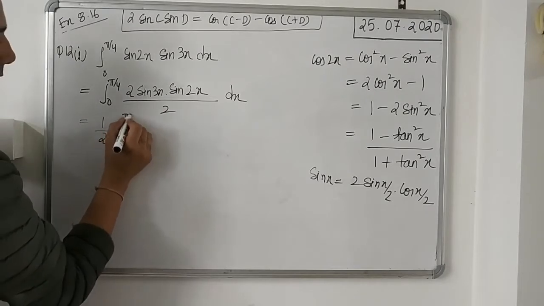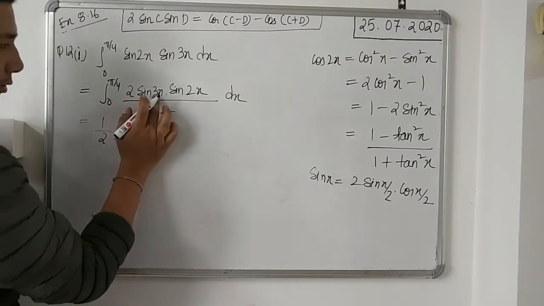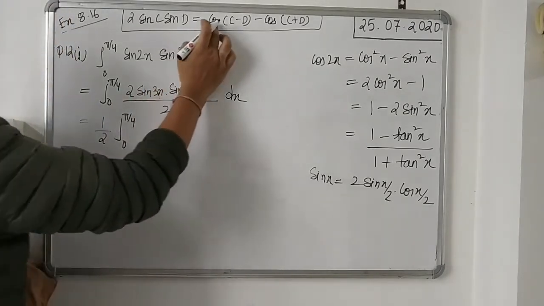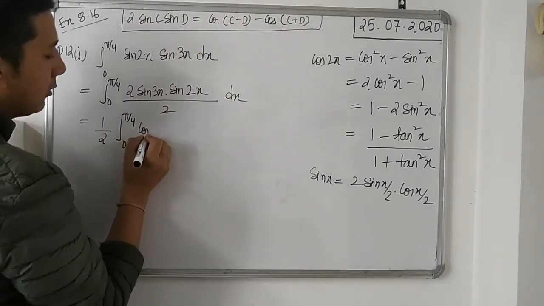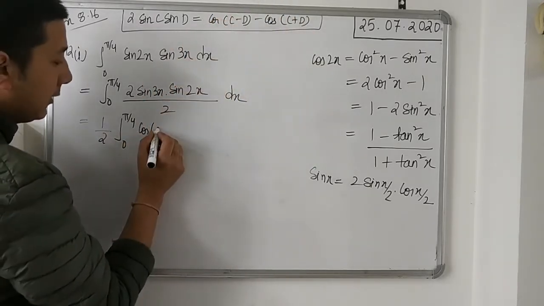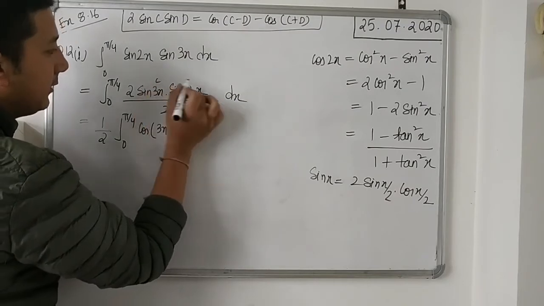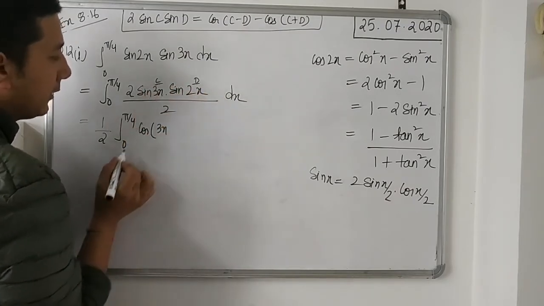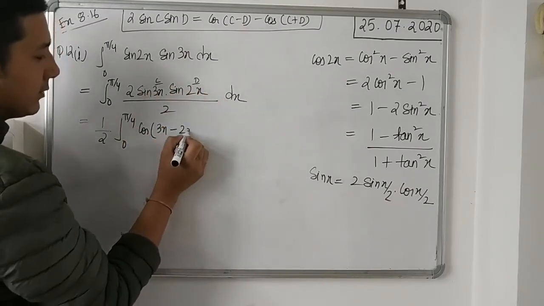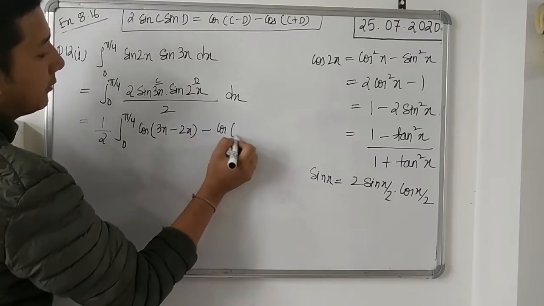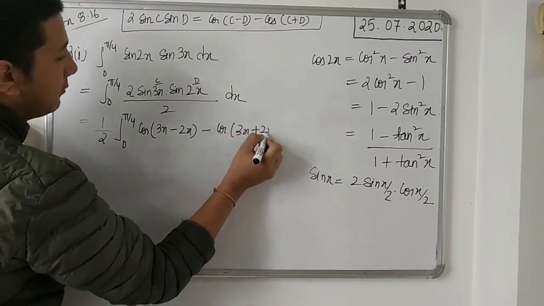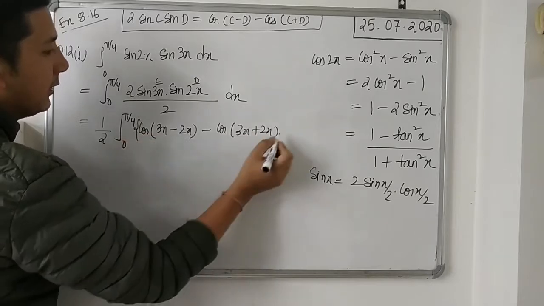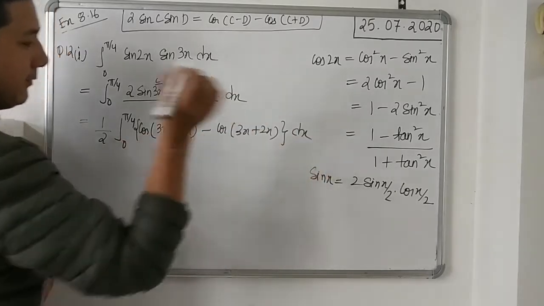Integration 0 to pi by 4. So sine 3x sine 2x. The formula is in terms of cos. The formula goes like this: cos c, this is your c and this is your d. 3x minus 2x minus cos of 3x plus 2x, and please use a curly bracket out here, into dx.